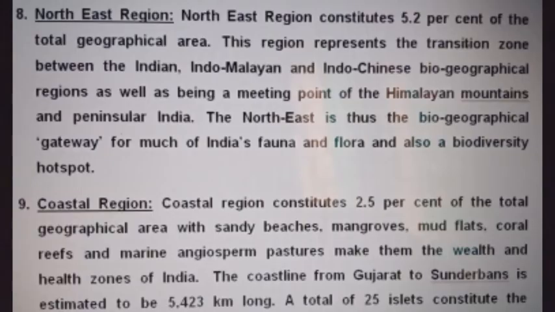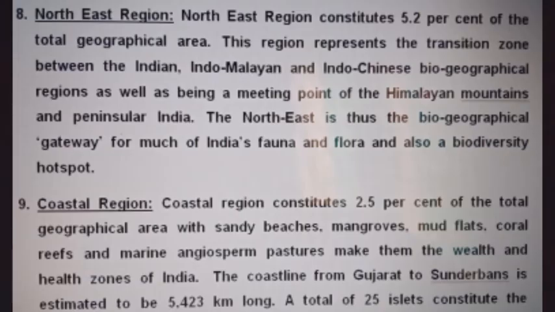Now the ninth one, that is Coastal Region. Coastal region constitutes 2.5% of the total geographical area with sandy beaches, mangroves and mud flats, coral reefs and marine angiosperm pastures make them the wealth and health zones of India.